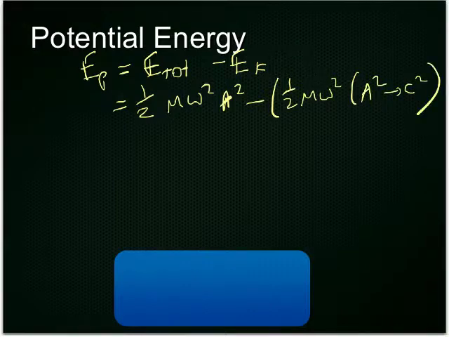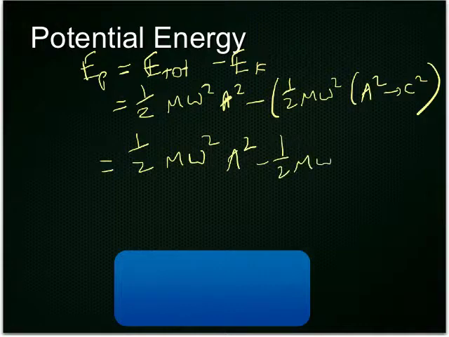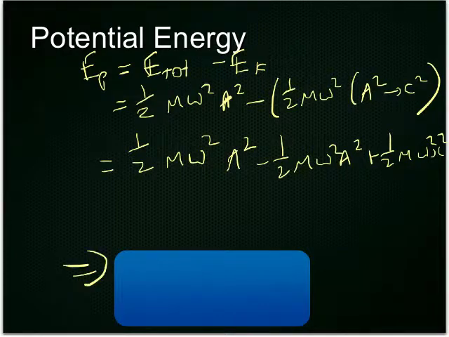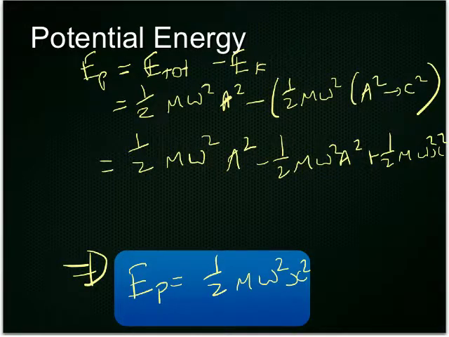Now expand all that out. A lot of omegas and squares. Simplify, and you get potential energy equals half m omega squared x squared.